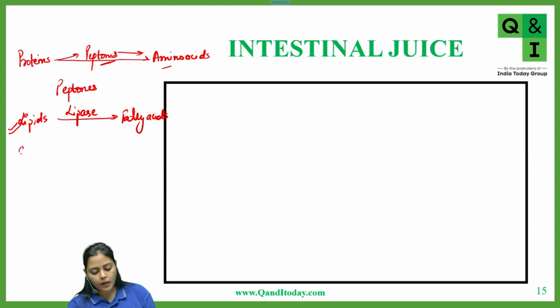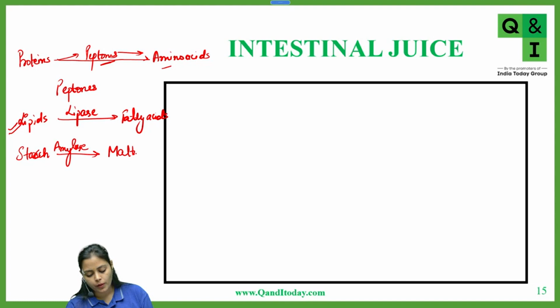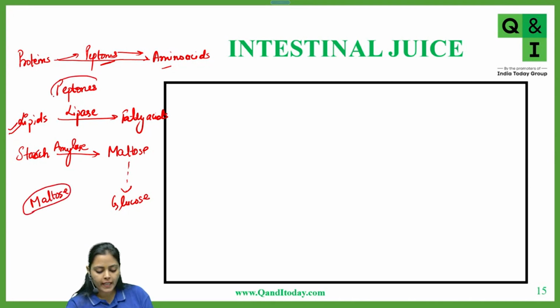Now, when we were talking about digestion of starch, using the enzyme amylase, starch was converted into maltose. However, it still needs to be converted into glucose. That means digestion of maltose is left. So now you have digestion of some peptones and digestion of some maltose still left.